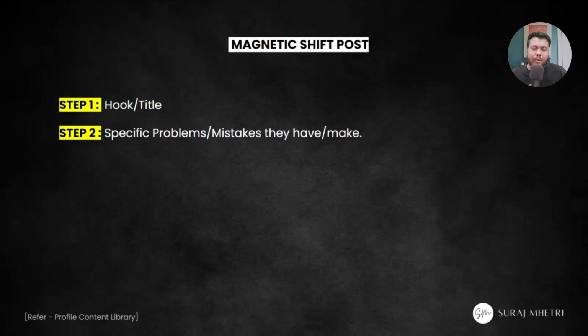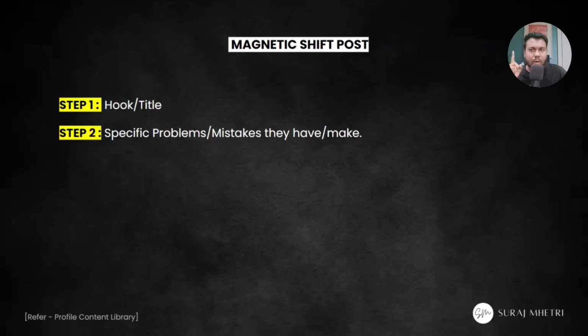Second thing, specific problems and mistakes they have or make. What are the problems your ideal clients are having? Now you have to talk about one single problem inside each post. Okay, don't add 5 to 10 problems in a single post. Talk about exactly one specific problem and make an entire post on that.